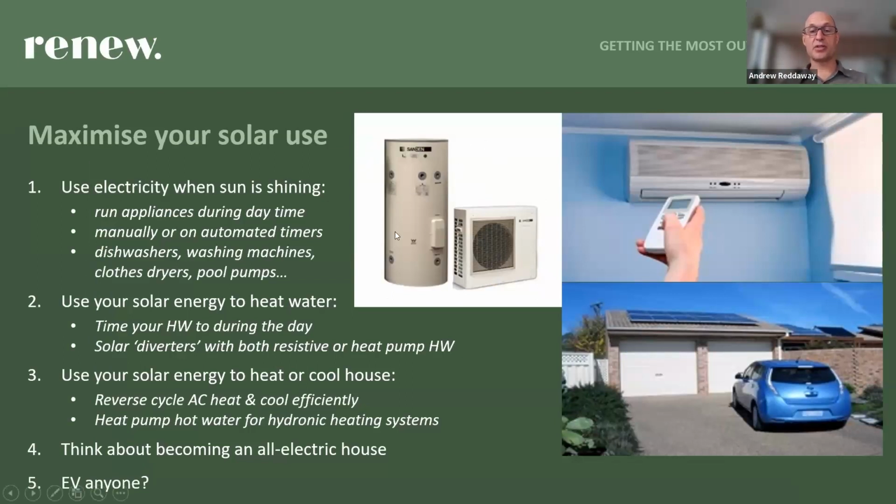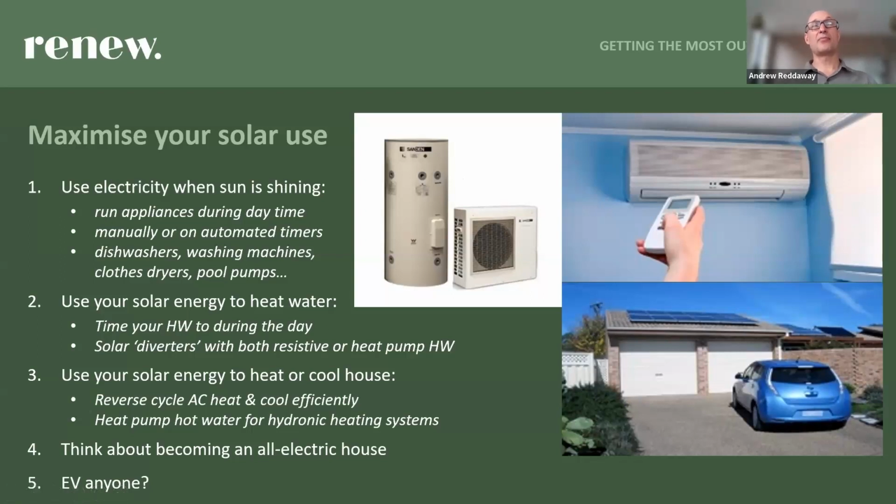So in this picture, we've got an example of an electric hot water system with a tank full of hot water with insulation around it. They all do have insulation. So your tank of hot water is going to stay hot for a few days, even if you had switched off the power, right? And this is a heat pump system. So it's got this air conditioning unit beside it.